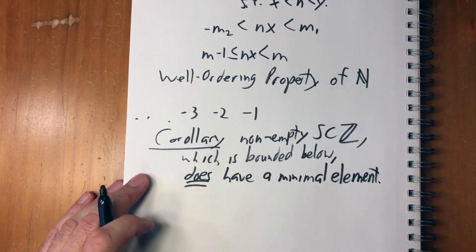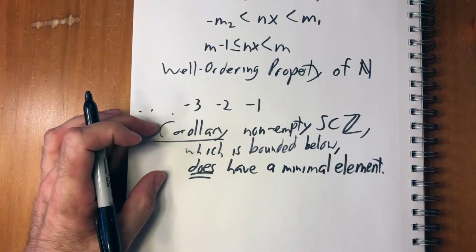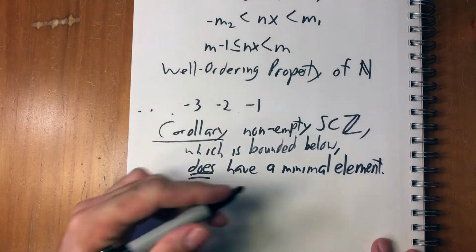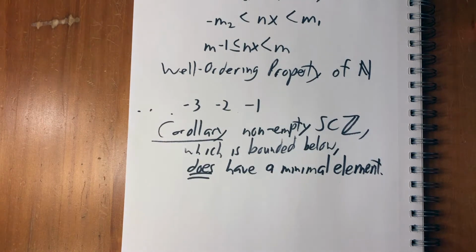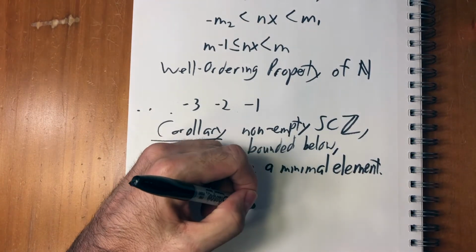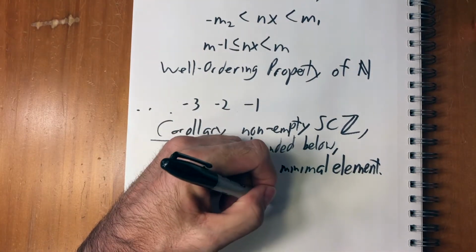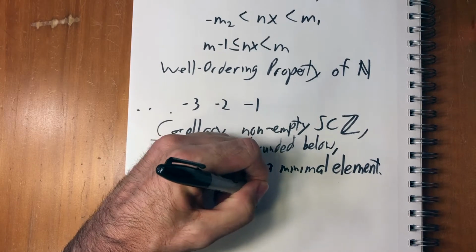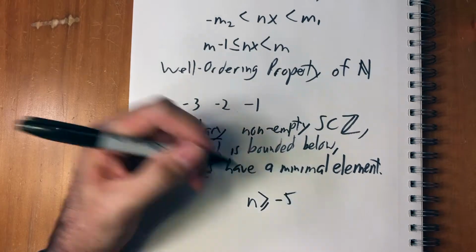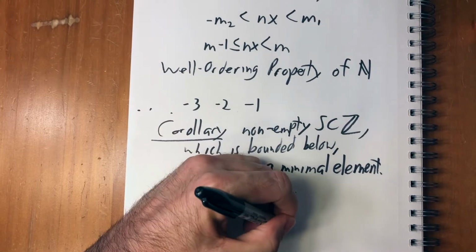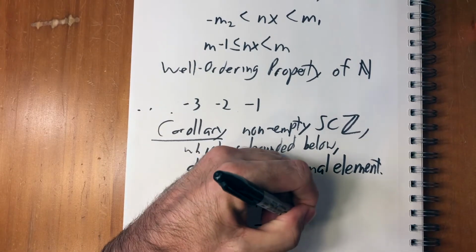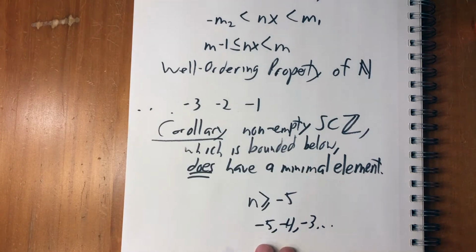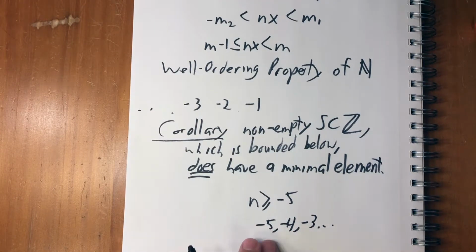This is easy to see why it's true just by picturing it. If you have a set of integers, say all the integers with n greater than or equal to -5, you have -5, -4, -3, and so on. All we have to do is add 5 or 6 to each of these numbers, and then it's going to be 1, 2, 3.